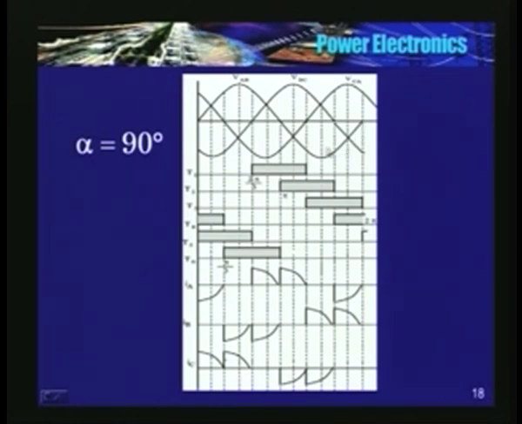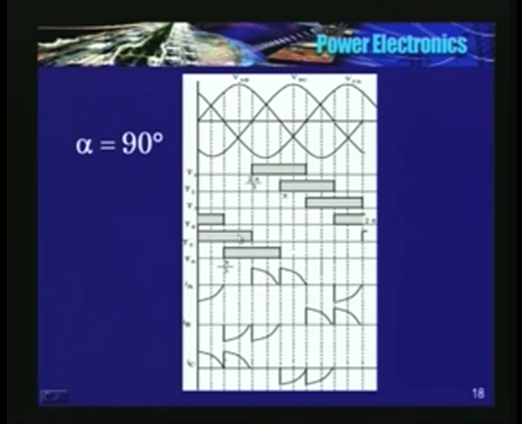This waveform has completed one cycle, so VAB has completed one cycle. At that instant, T5 is getting triggered. So this point is same as this.